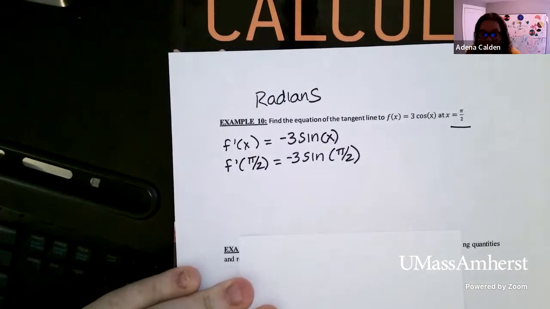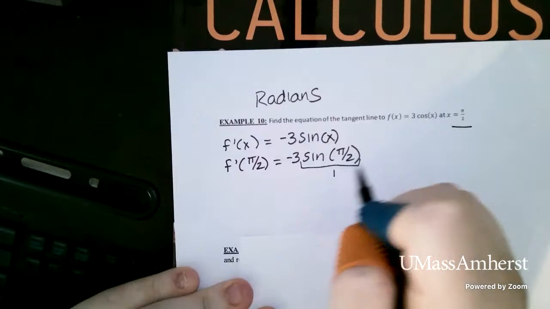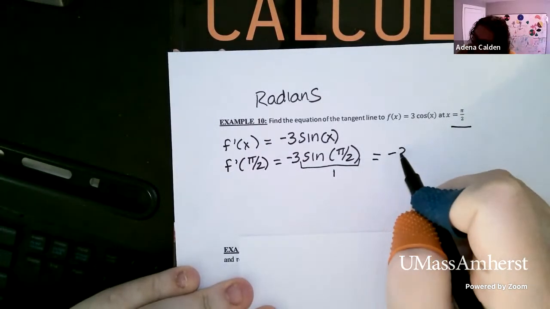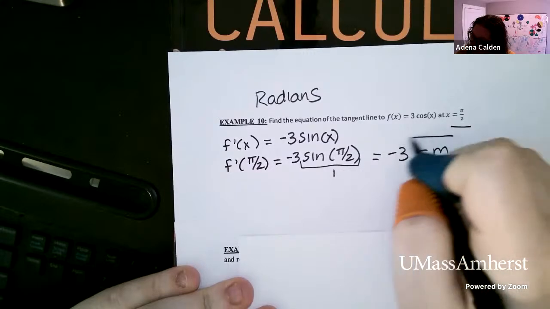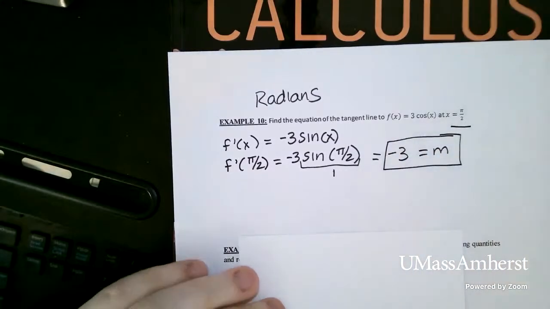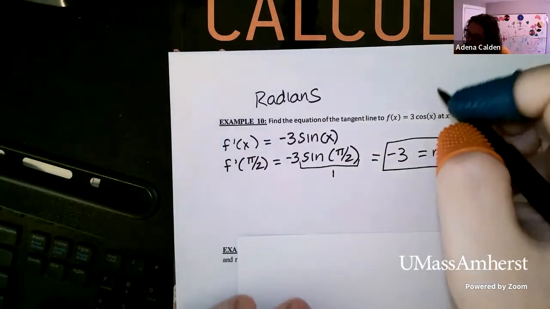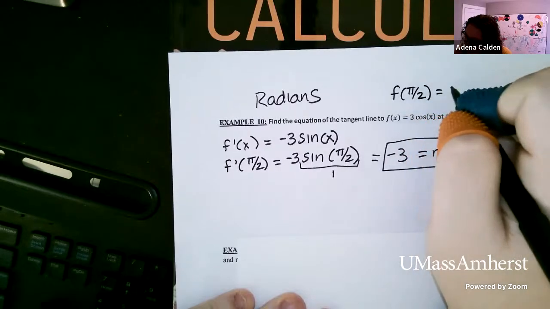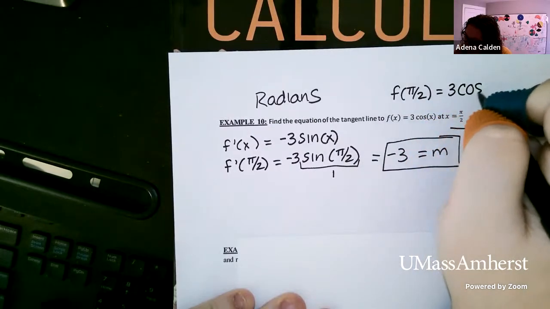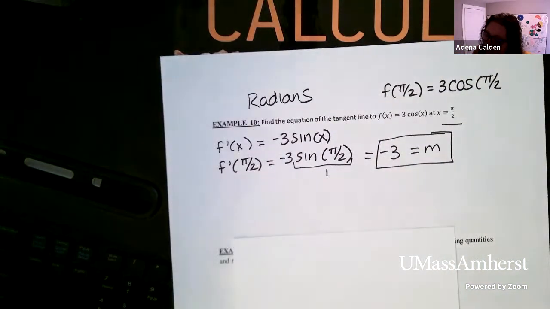Okay, so sine of pi over 2 is 1, which means that our slope is negative 3 times 1, which is negative 3. To get our point, we would need to plug pi over 2 into the original function. 3 cosine of pi over 2.